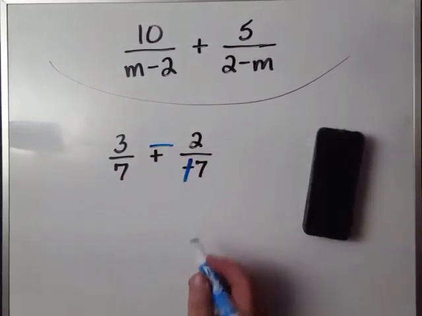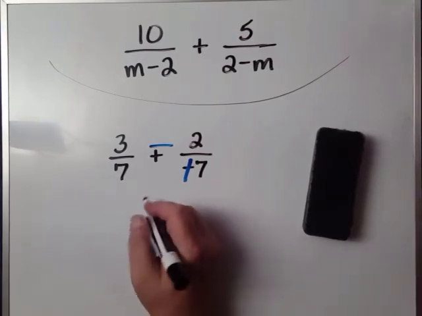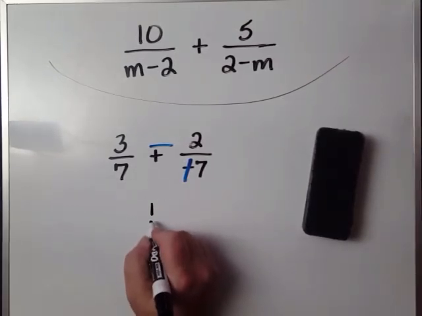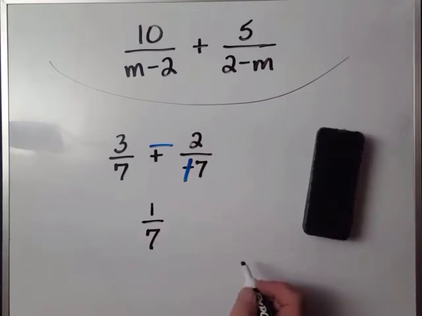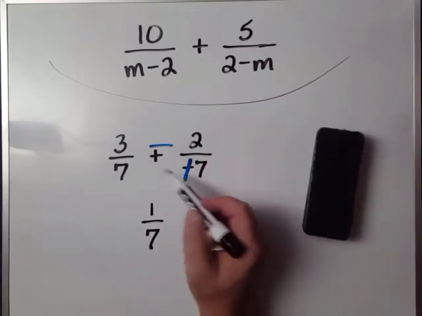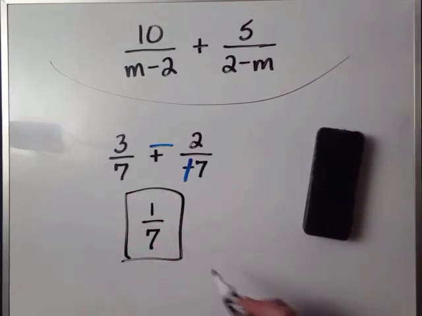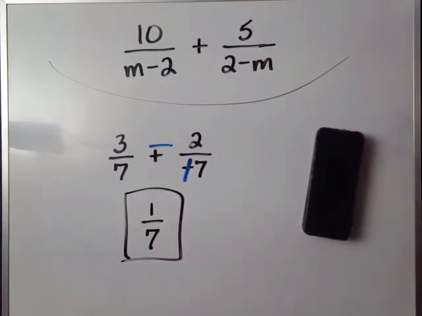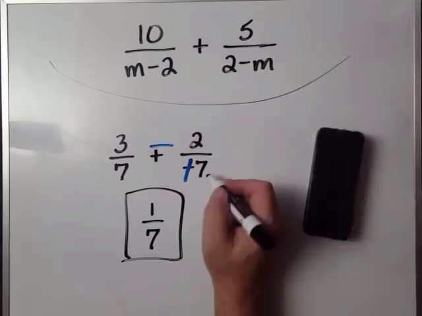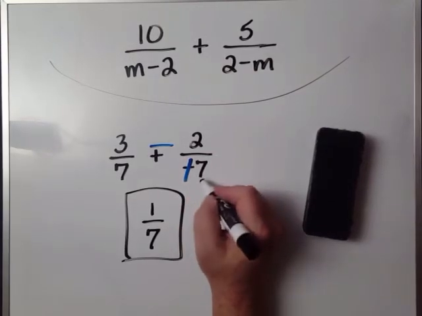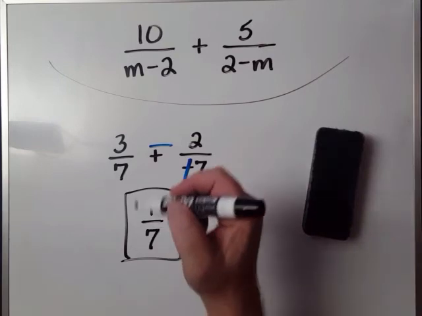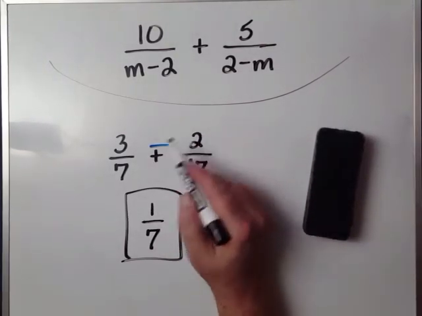And either way, we would still get our positive 1/7. The way I have it written now, it's 3/7 minus 2/7, a difference of 1/7. So I want to think of this as taking the opposite of the denominator and giving the negative to either the top or the front.